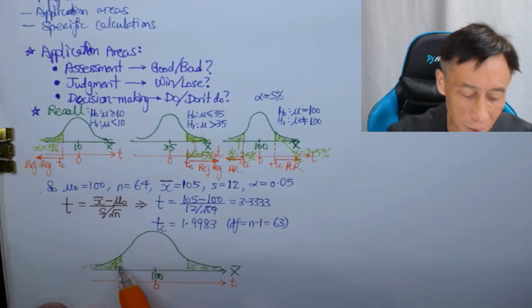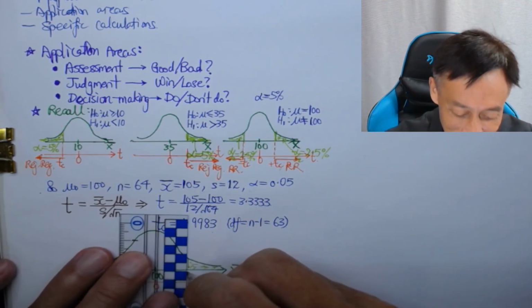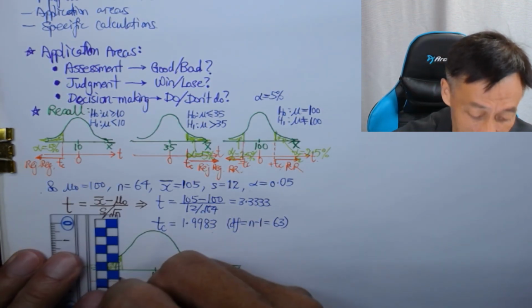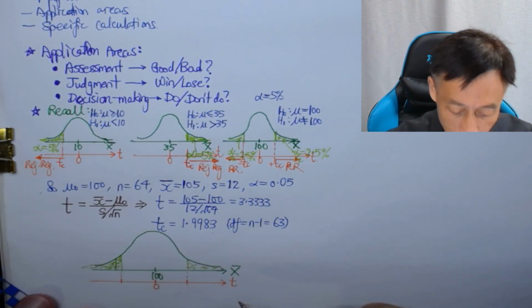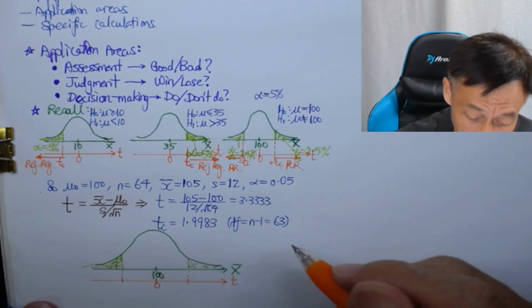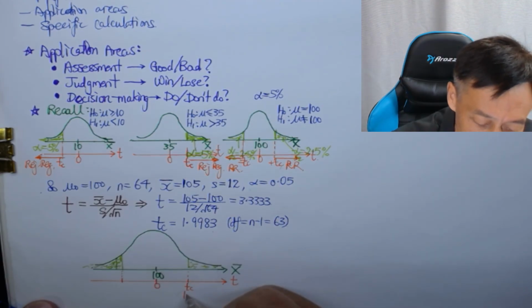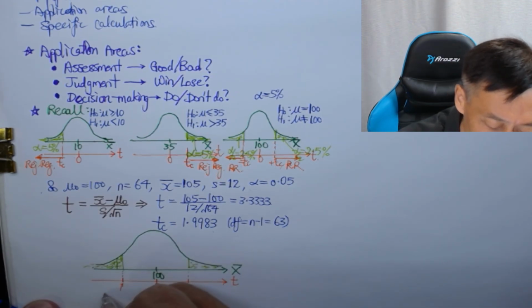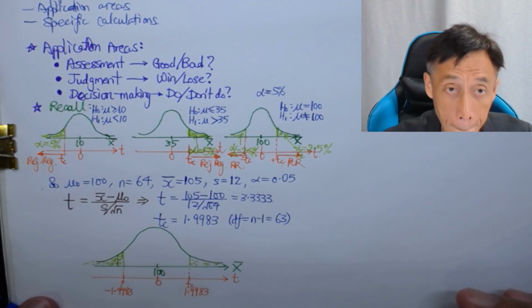The rest, if it's slanted a bit, I think you wouldn't mind, because it's not distorting all the known facts too much. Maybe a little bit annoying, but it's not wrong. Here's where we can now mark the TC, right? TC is 1.9983, and here is negative 1.9983. Is that okay? All right.